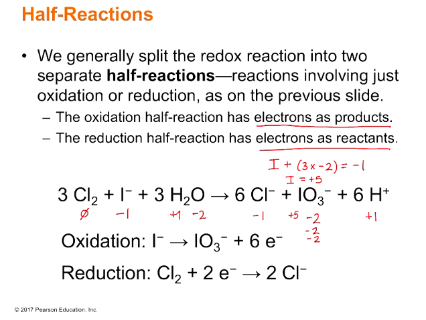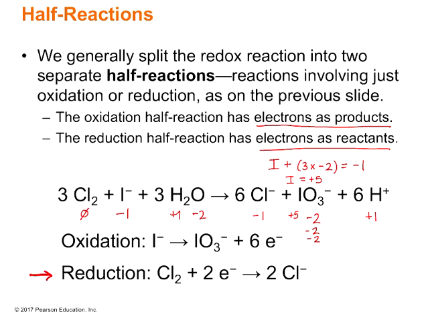So hydrogen had the same oxidation number throughout, so that's not undergoing oxidation or reduction. Oxygen also had the same oxidation number throughout, so that also didn't undergo oxidation or reduction. However, chlorine went from 0 to -1, and that means it was gaining electrons, so that's reduction.